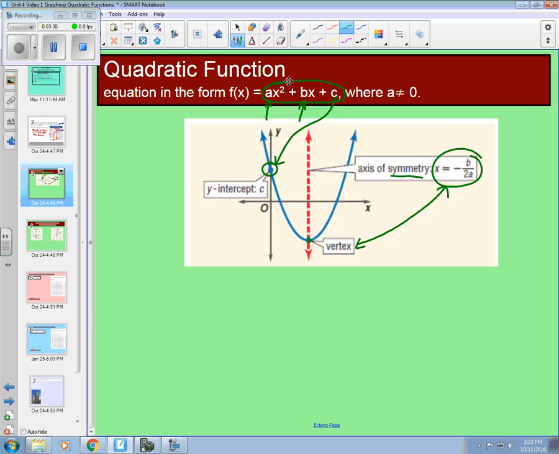Symmetry means the same on both sides. You can see that this parabola is symmetrical on either side of this imaginary red line here. So whatever this point is, it's equally distant away from that axis of symmetry. So parabolas are symmetrical. So we're going to use all that knowledge to do some graphing here.